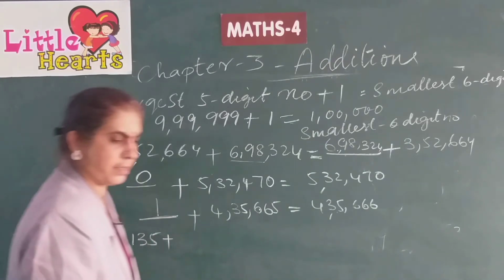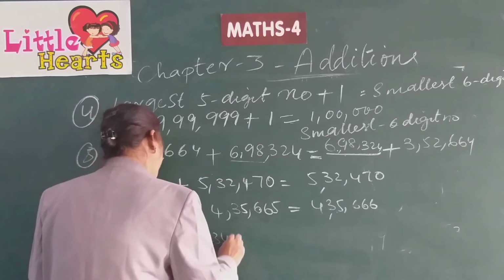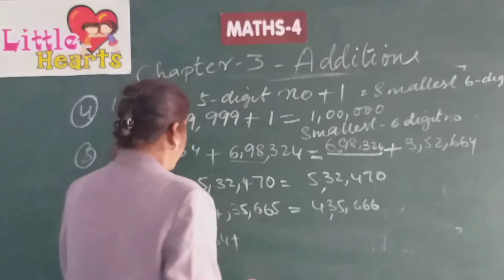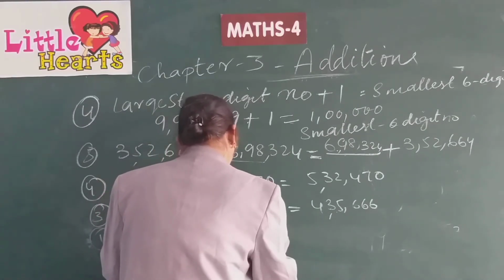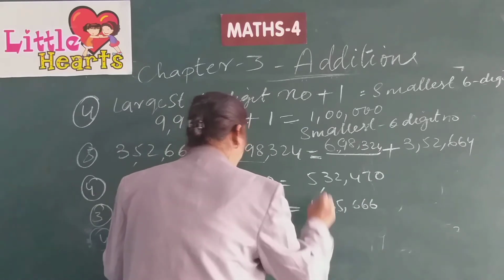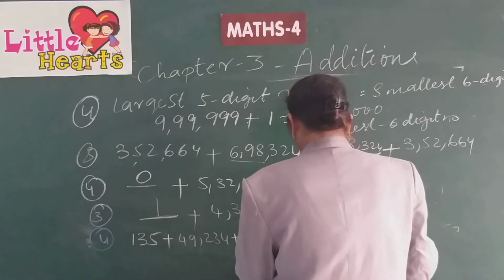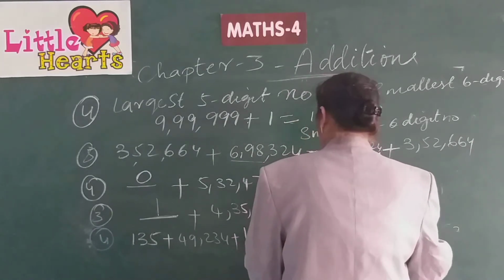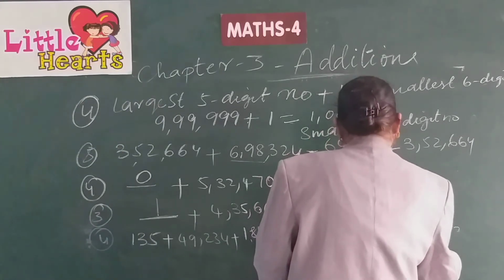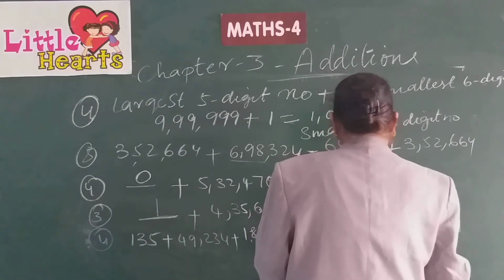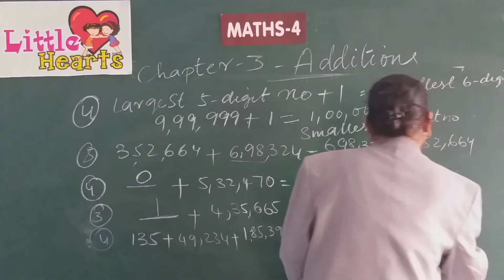135 plus 49,234 plus 1,85,390 equals dash plus 1,85,390 plus 135.